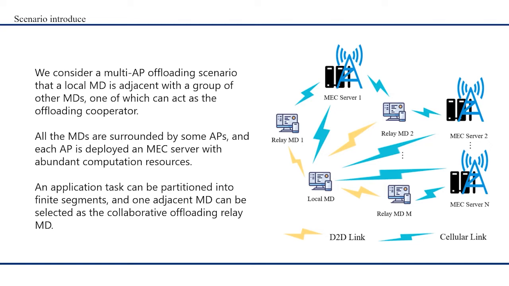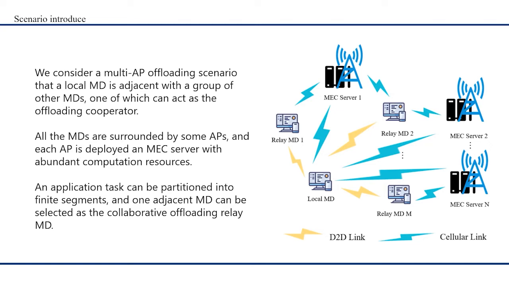In some cases, an application task is supported to be divided into several segments in different sizes, so we can select multiple adjacent relay mobile devices for offloading. But there are other cases where the application task is indivisible or only supported to be divided into a limited number of segments.